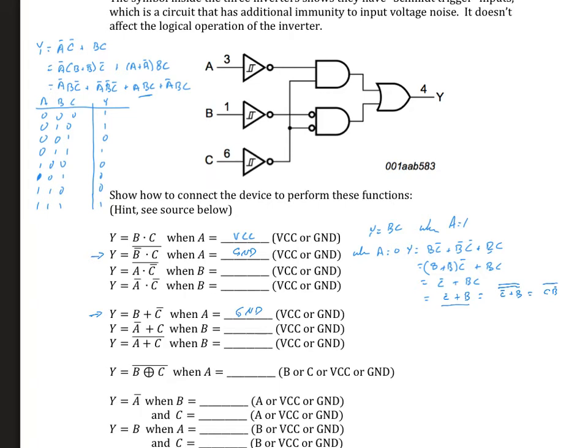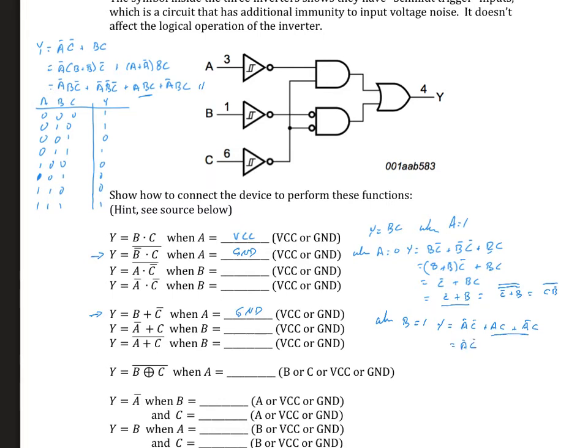Now let's look at what happens when B is equal to 1. Going back up to our expression up here, when B is equal to 1, Y is equal to A bar C bar, or AC, or A bar C. So again, we can factor out the C here.